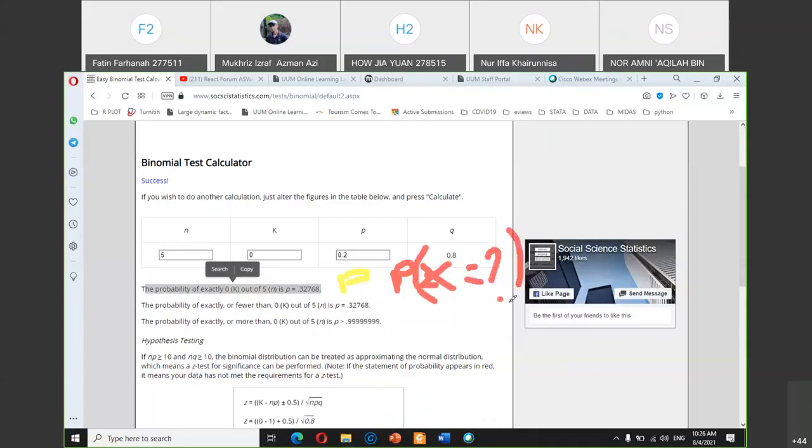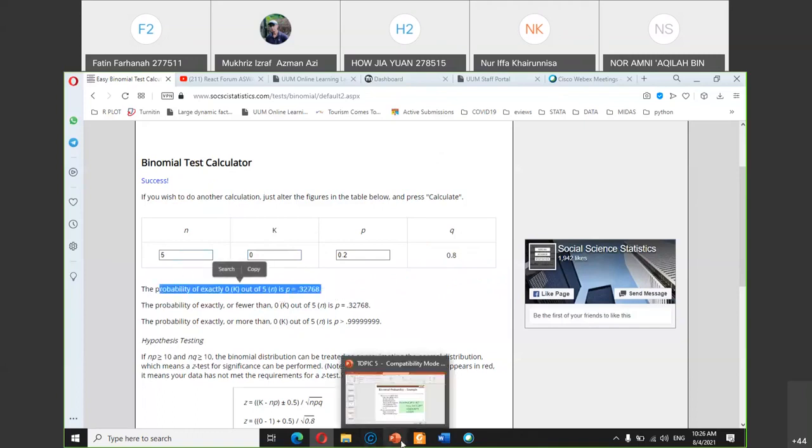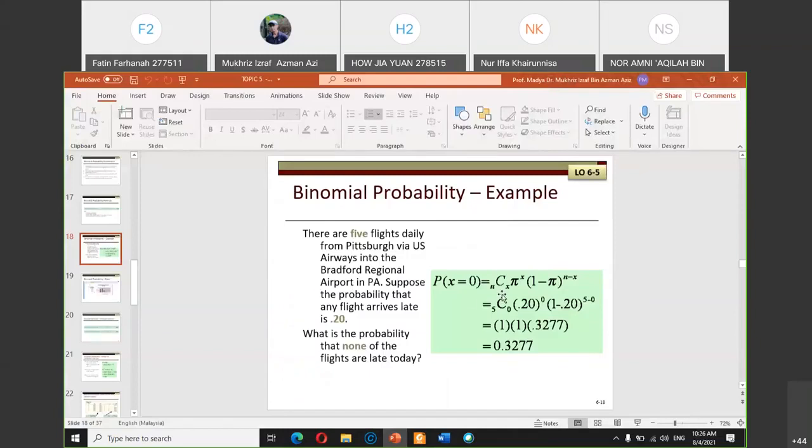If you want to calculate P(X = 1), just put 1 here and you get the answer on this first line, using the calculator from the online tool. So you can arrive at the answer for P(X = 0) from this first line. Simple job. You can also do this manually in your calculator, and you should be able to get the same answer.